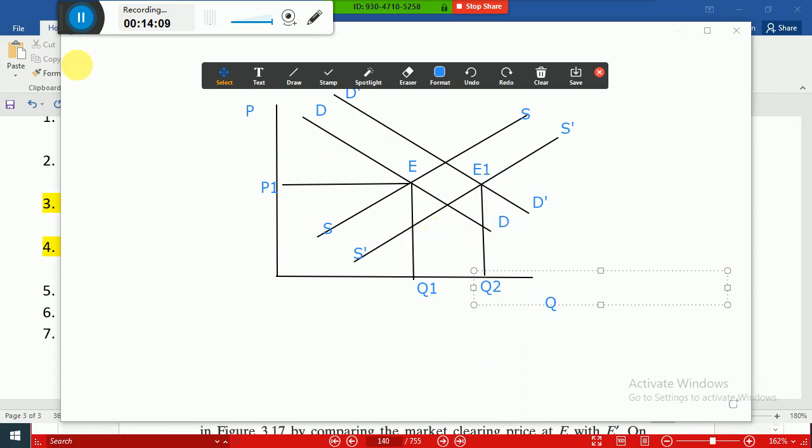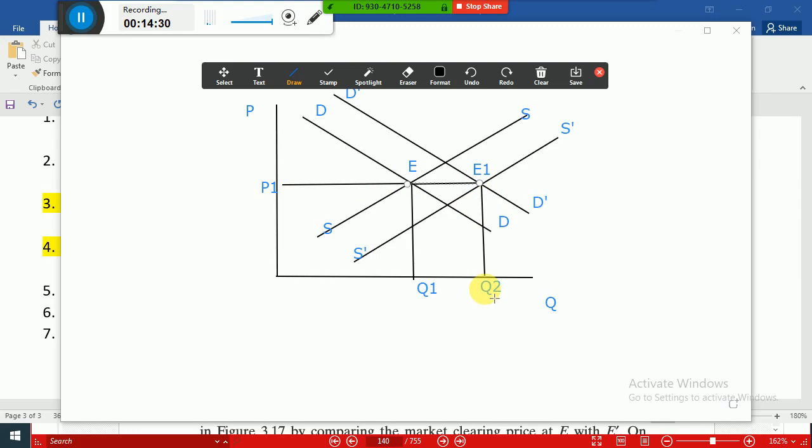What about price? To know this, we will extend this line towards the vertical axis, that is the price axis. It looks like there is no change in price, but equilibrium quantity has increased.